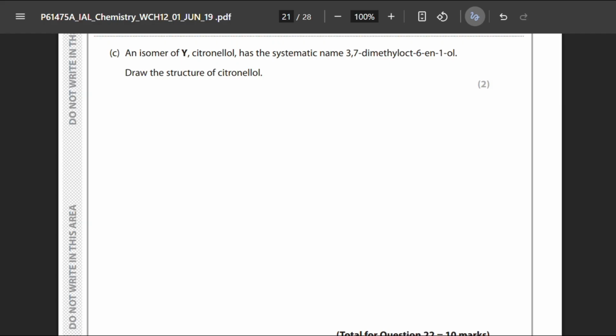Now part C, an isomer of Y, citronellol, has its systematic name 3,7-dimethyloct-6-en-1-ol. Draw the structure of citronellol. Okay, because they have given you the systematic name, it's not difficult to draw this structure.